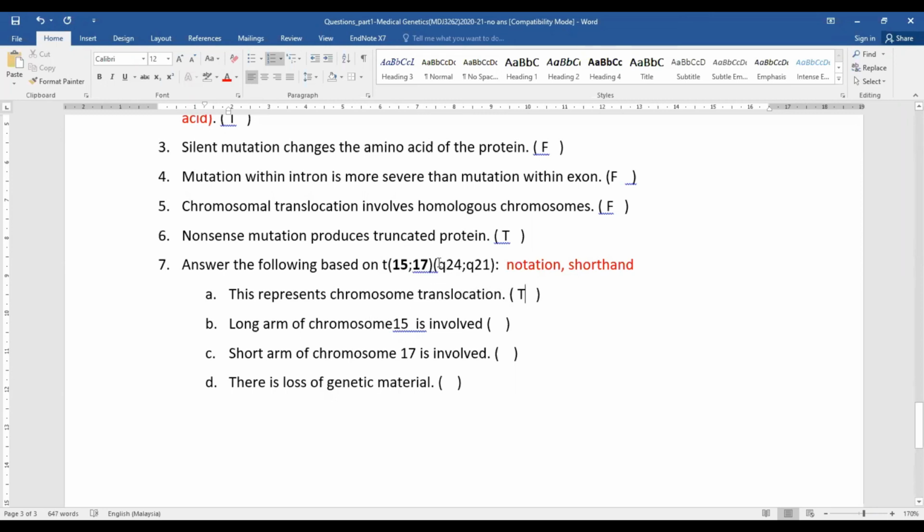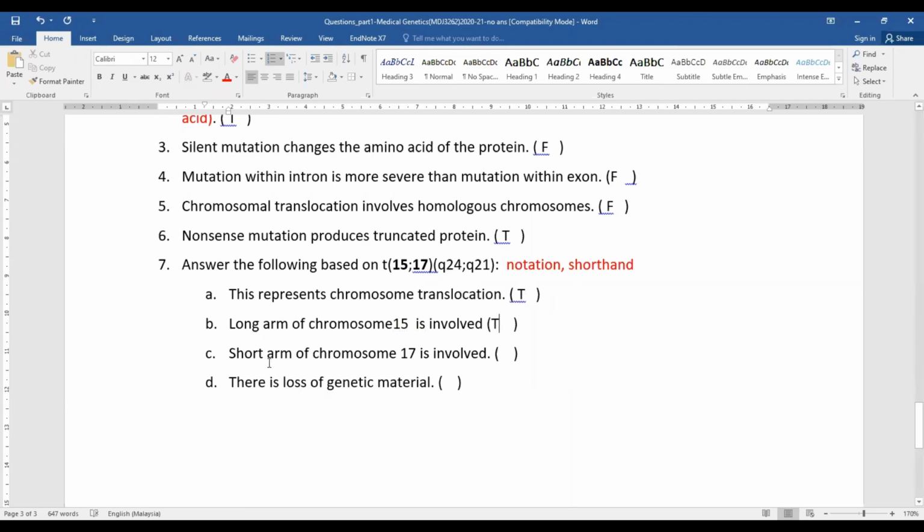And then it tells you the Q arm region 2 band 4 of chromosome 15, and Q arm region 2 band 1 of chromosome 17. So here it says long arm of chromosome 15. Q is long or short? Long. Q arm is the long arm, so it involves the long arm of chromosome 15.